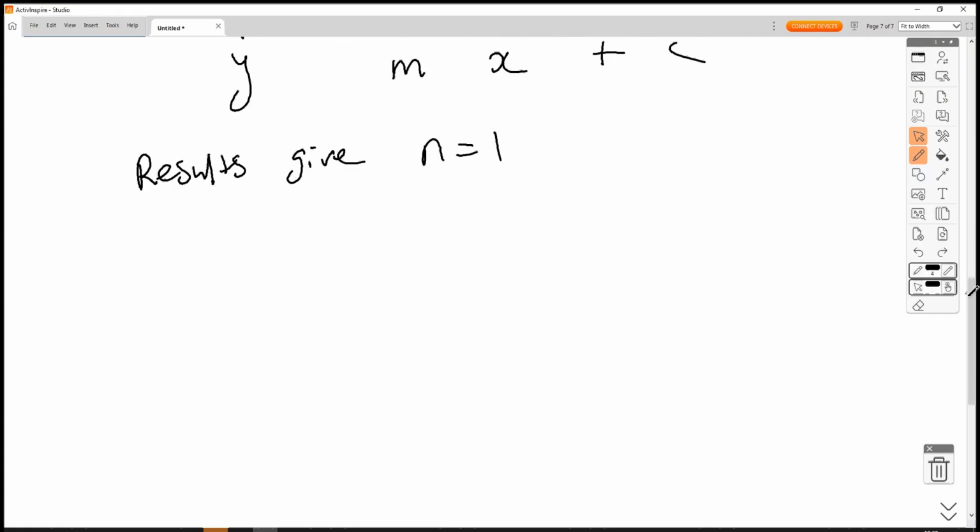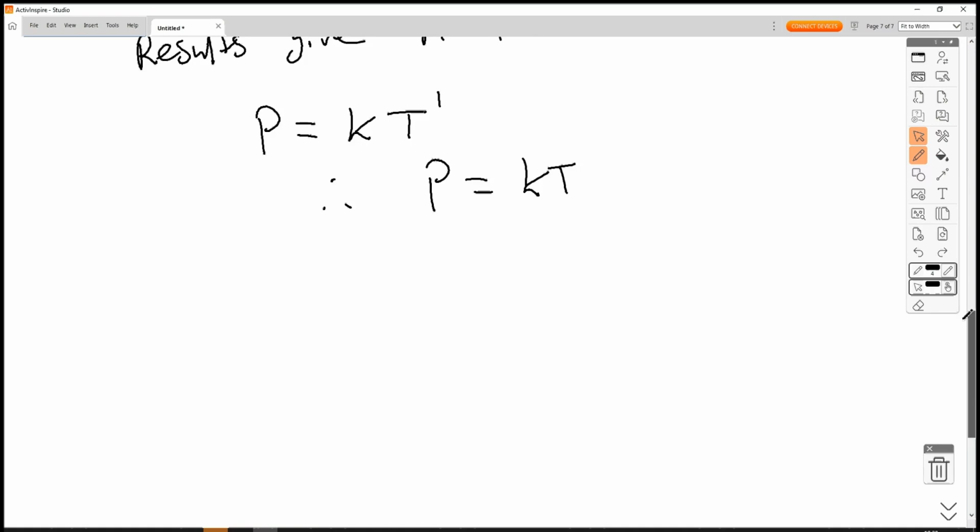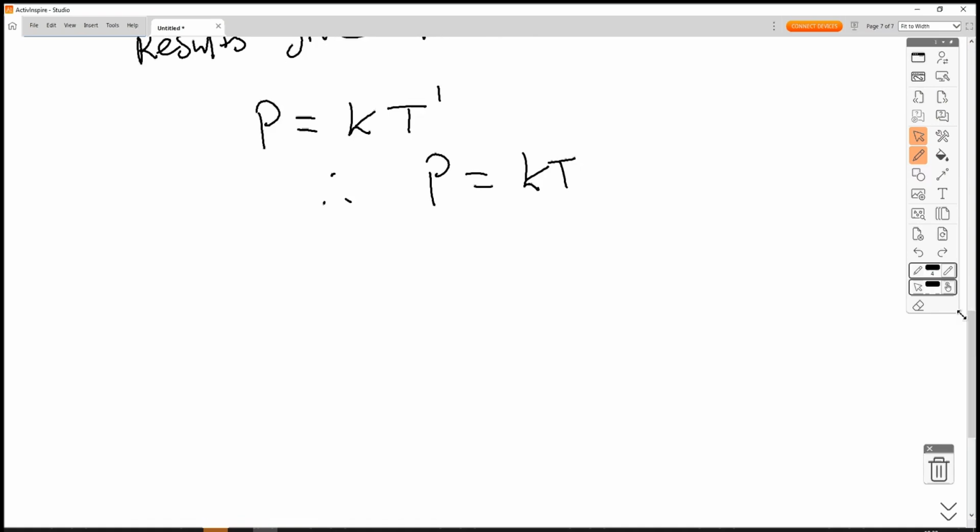And if we have N equals 1, then you put that into the equation above. P equals KT to the 1. Therefore, P equals KT. And that gives us pressure over temperature is equal to some constant.